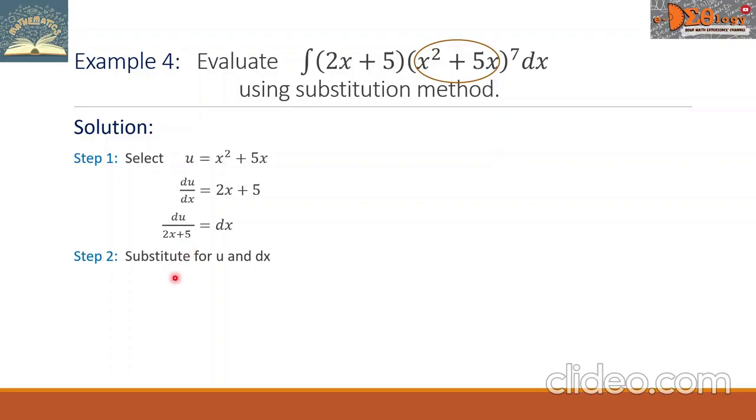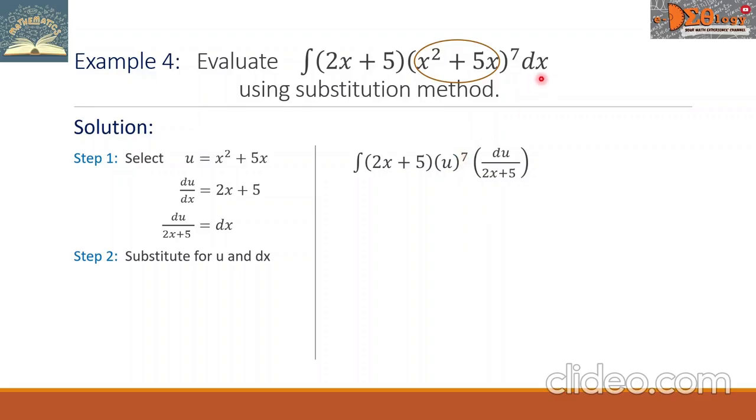Step 2. We substitute for u and dx to the original problem. So these are the values of u and dx. The problem now becomes the integral of the 2x plus 5 we copy here times this is our u raised to power 7.